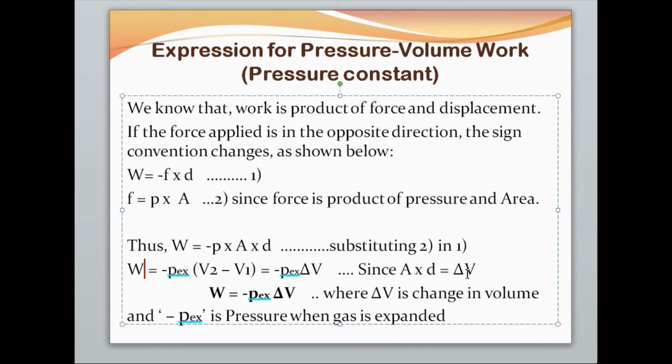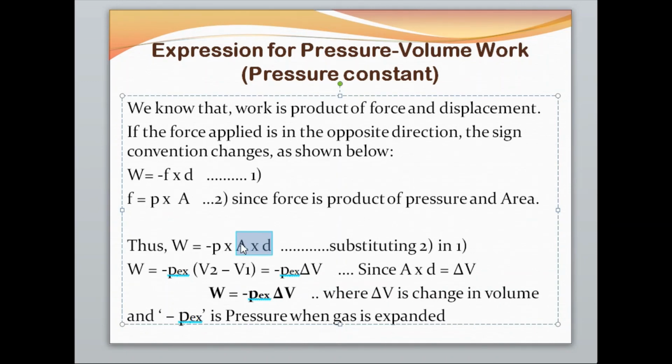The difference in volume is nothing but A into D. What is A into D? Area into displacement. Area is calculated in meter square, distance in meter. So meter square into meter becomes meter cube. Now meter cube is a unit of which quantity? Volume, isn't it? So this can be replaced with volume.